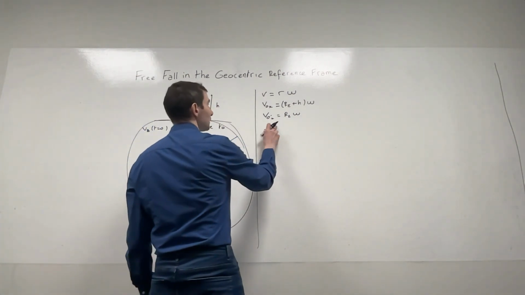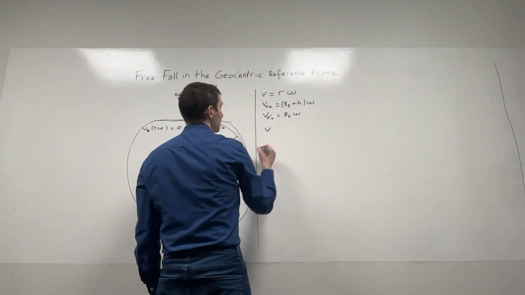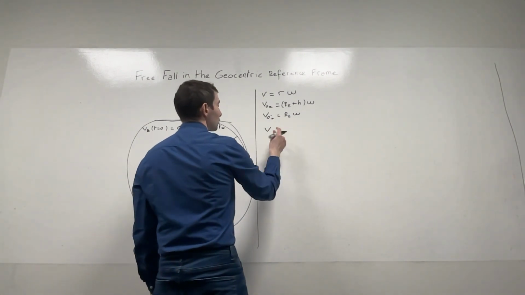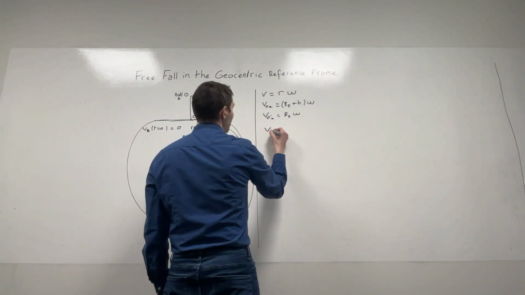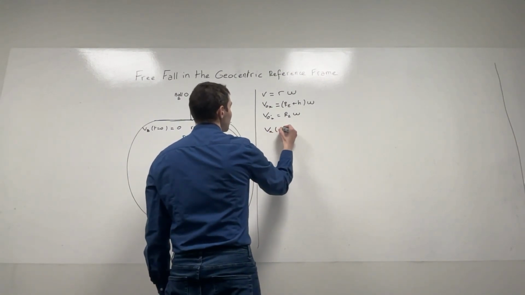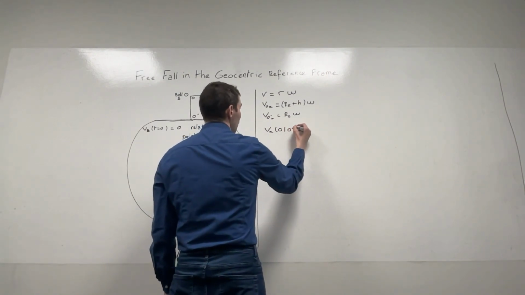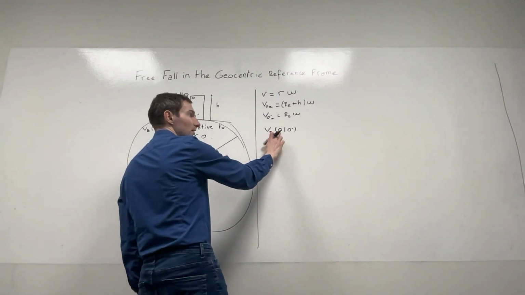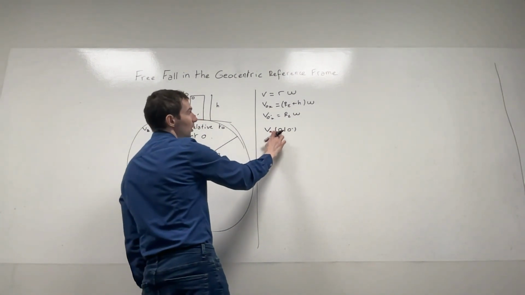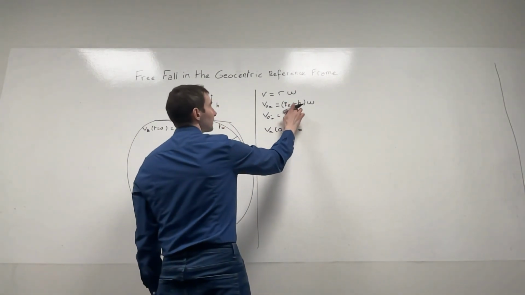So the velocity in the x direction of point O relative to O prime is going to be that minus that.